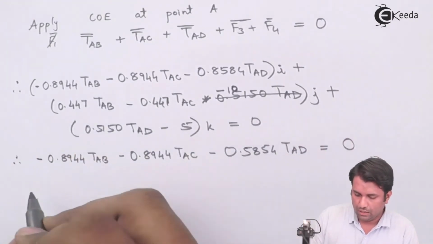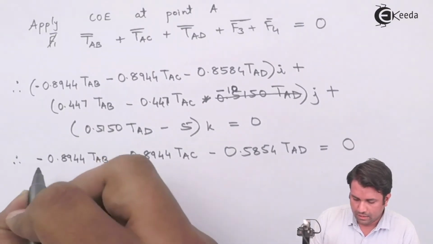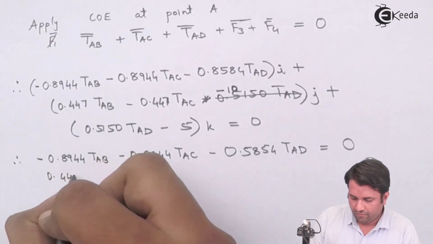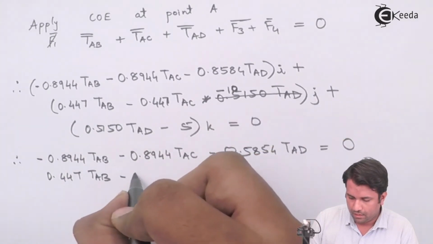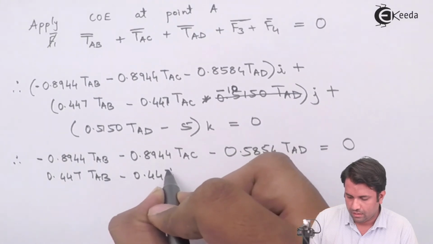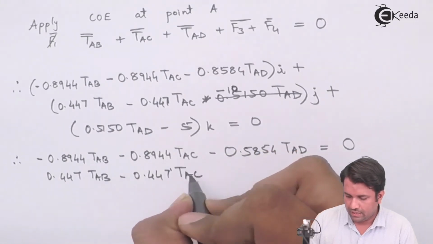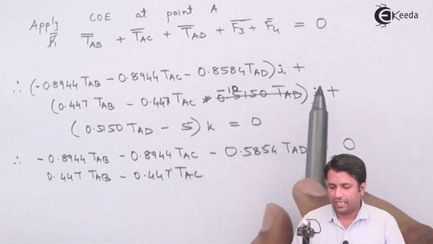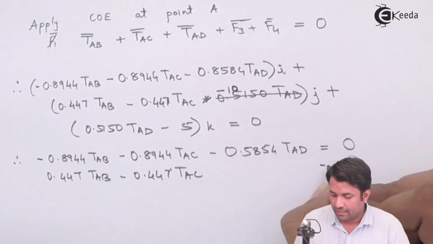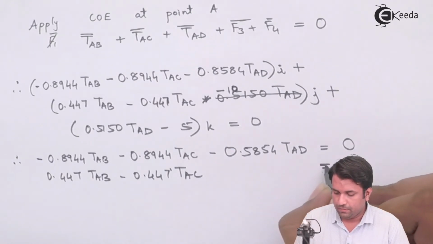This equation I can write it as 0.447 TAB minus 0.447 TAC. Then TAD term is not there. I have minus 10. I can take it on that side and I can write it as plus 10 over here.